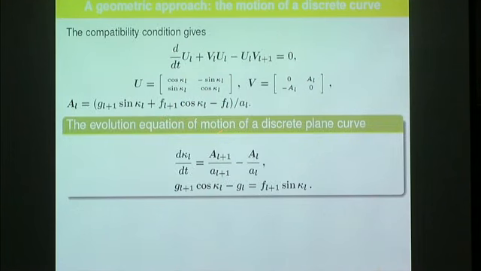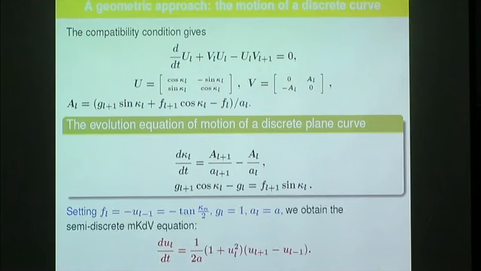And then from the compatibility condition, we have the evolution equation of the motion of a discrete plane curve. And as Kajiwara-san explained, f and g can be any function, but if we give these functions and values, we obtain the semi-discrete mKdV equation.